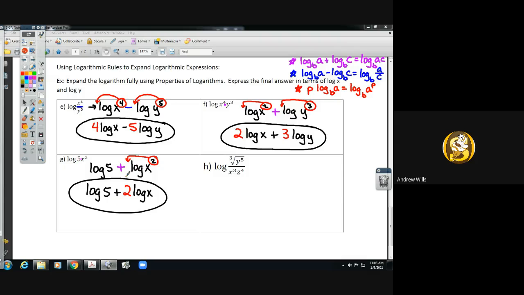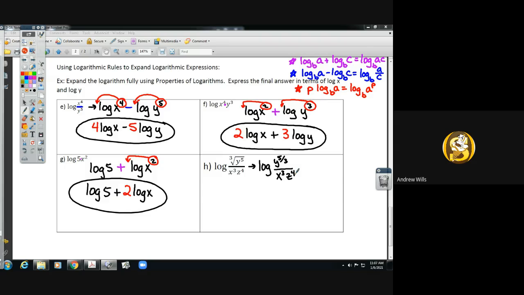On H, the first thing I would do is rewrite this as y to the 5/3 power, because remember that this root is a fractional exponent. The 5 is the numerator, the 3 is the denominator. And then I'd leave the bottom alone, x cubed z to the 4th.